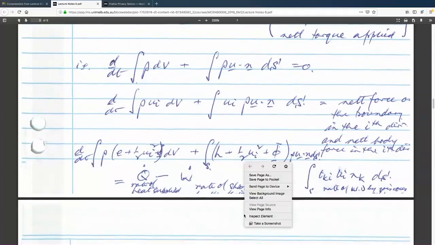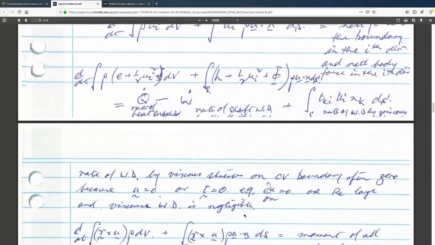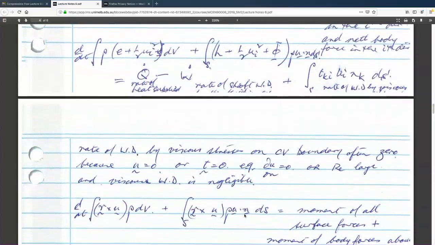Now, quite often, the rate of work done by the viscous stresses on the control volume boundary is 0 because u is 0. For example, if the surface is not moving, then u is identically 0. So there's no work done by the viscous stress on the boundary.